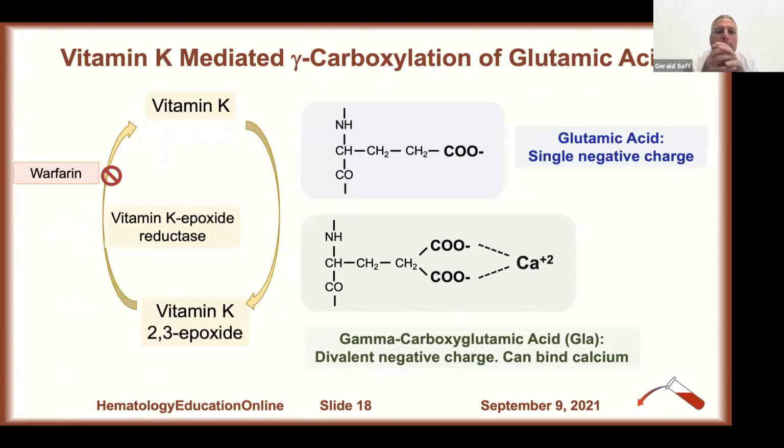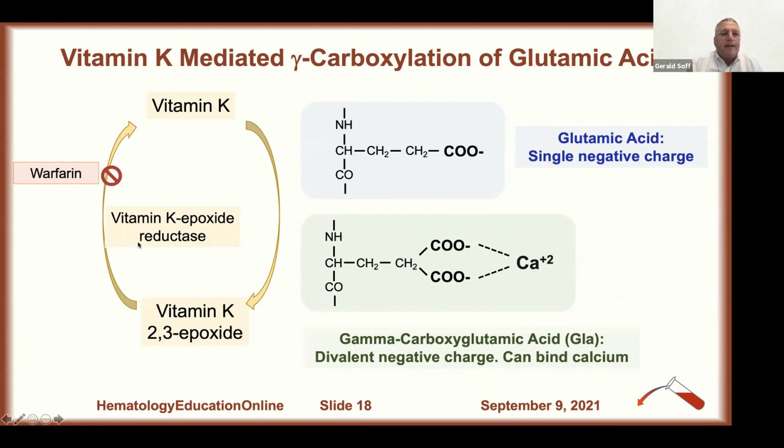Another critical concept, which I think every medical student historically has learned, is the role of vitamin K. So vitamin K is essential for a post-translational modification of the glutamic acid residues in many of the clotting proteins. So unmodified glutamic acid has a single carboxyl group at the end with a single negative charge.